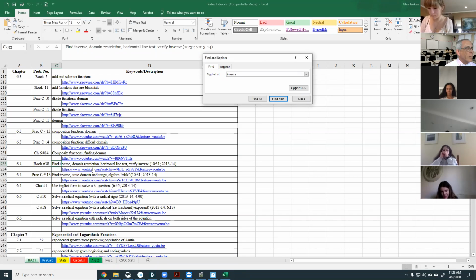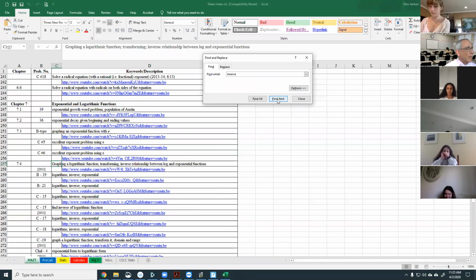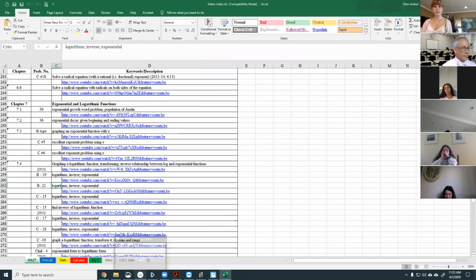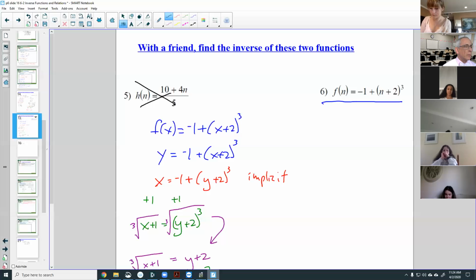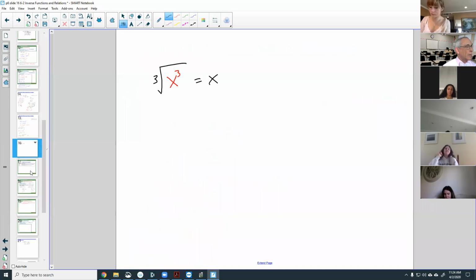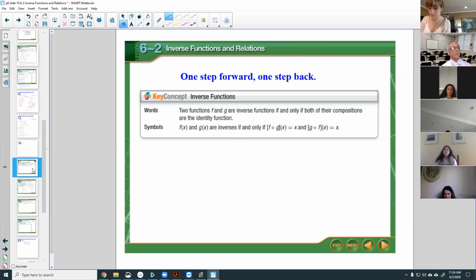Inverse, domain restrictions, horizontal line test, verify the inverse, inverse. All right, so I have a couple of them, but I will do a couple new ones. Okay, away with the video index and back to our next objective.